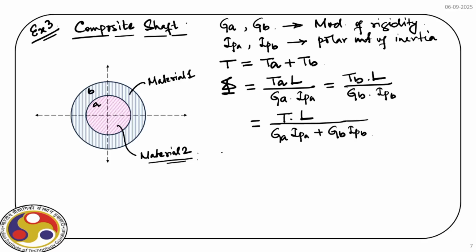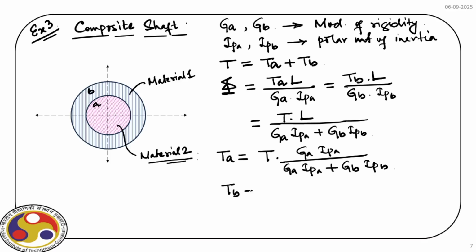And if that is the case, we can evaluate TA is equal to T times GA IPA divided by GA IPA plus GB IPB, and TB is equal to T times GB IPB divided by GA IPA plus GB IPB.